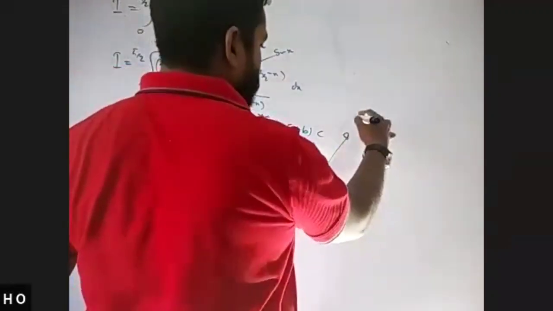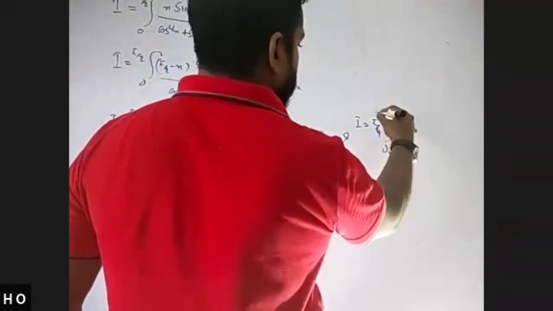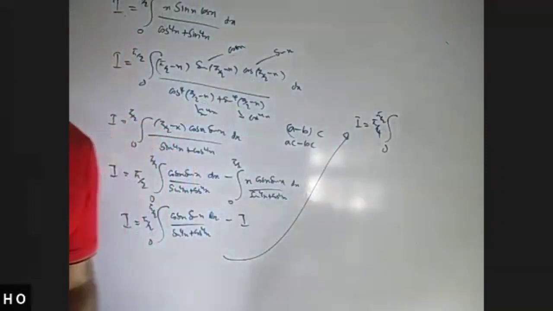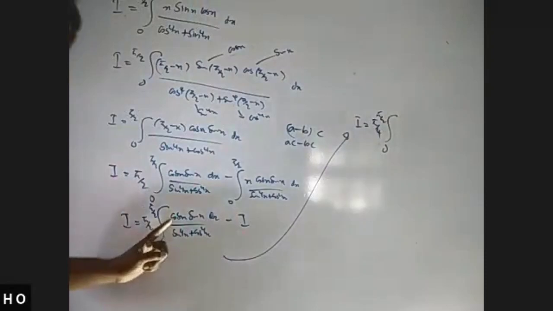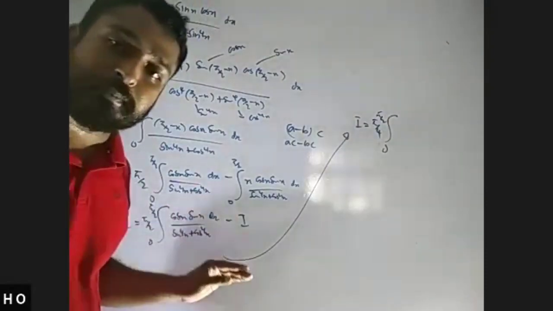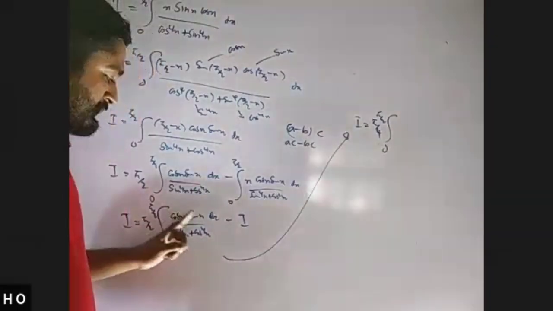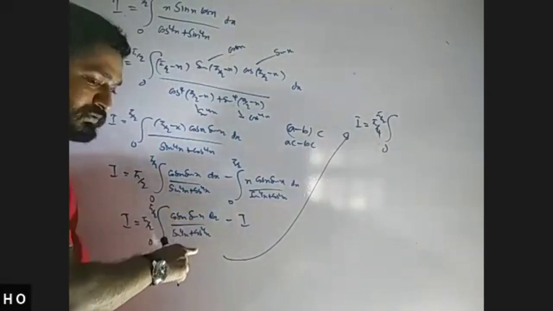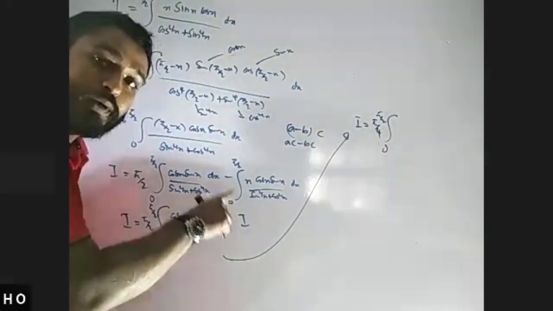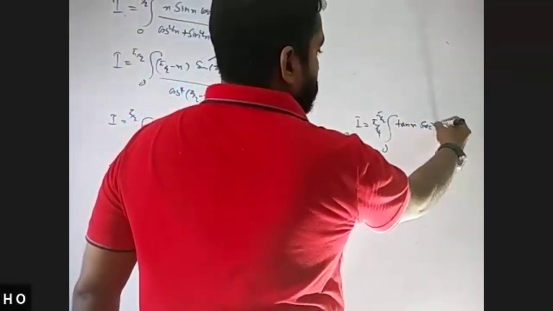So going forward, 2I is this. So I is 5 by 4 divided by 2, 0 to 5 by 2. What you have to show? There you have tan. To have tan out of cosine and sine, divide everything by the maximum power of cos, cos^4. So cos^6 x sin^5 x by cos^4 x: cos cancelled off, sin^5 x over cos^3 x, sin^3 x over cos x into 1 over cos squared, tan makes sec squared x dx.